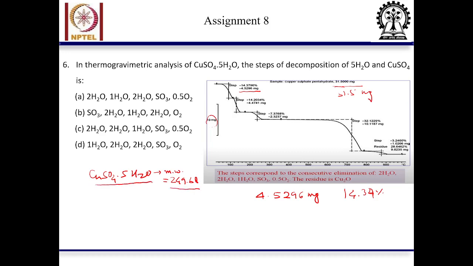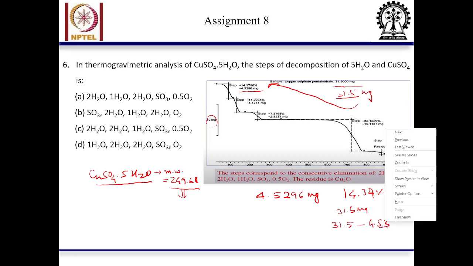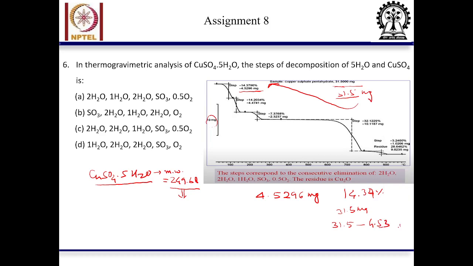Now if we decrease here, so the 31.5 milligram after decrease, 14.4%, you are losing actually 4.53 milligram. So first it measured that we have 31.5 mg. After that it has measured 31.5 minus 4.53 milligram.